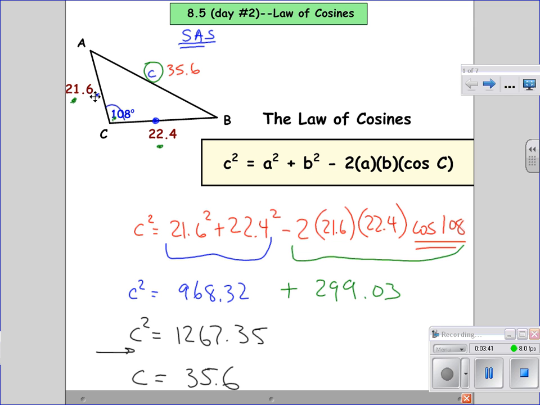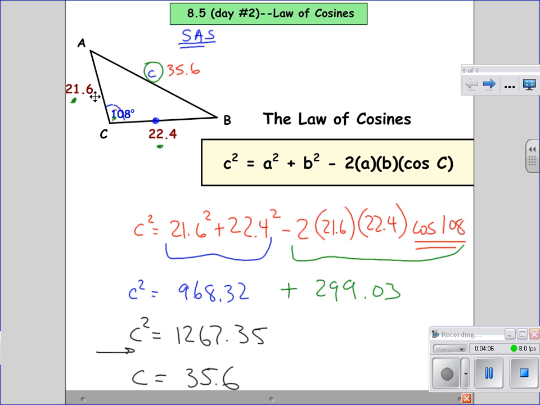I can set up the sine of 108 over 35.6 equals, for example, if I'm finding angle B, the sine of angle B over 21.8, the side across from B. Just a little tidbit that you'll use at some point.